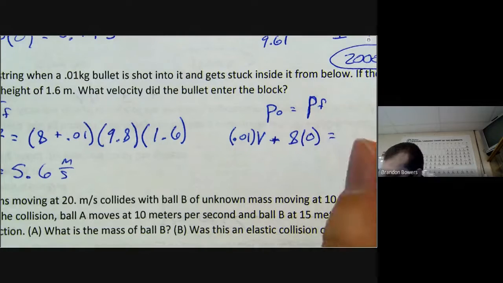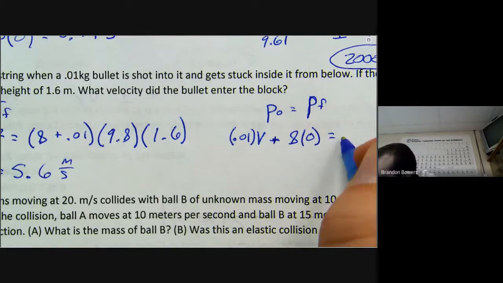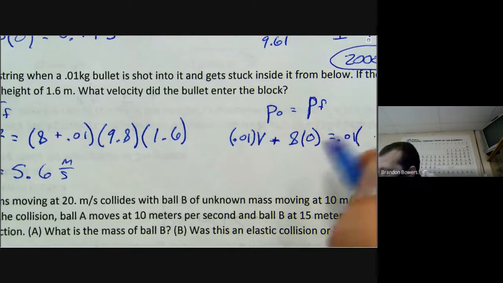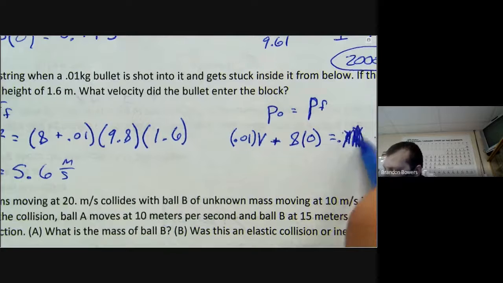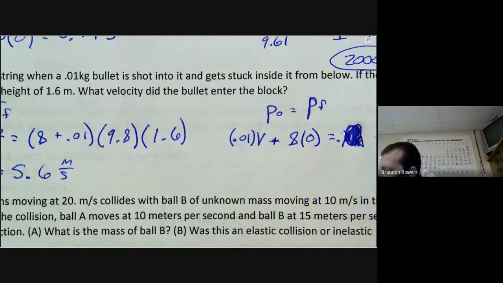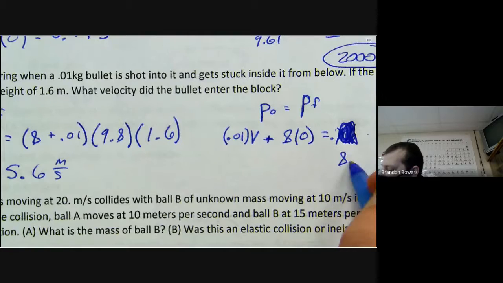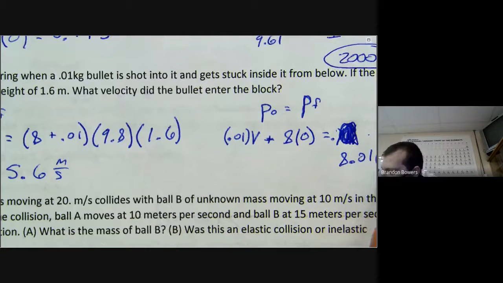The final is 0.1 times the final velocity, which we said was... or no, they stick together. So let's combine our masses: 8.01 times 5.6.